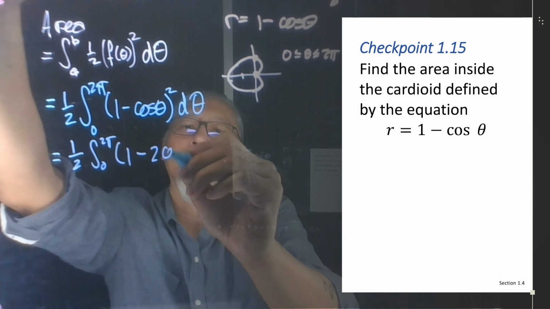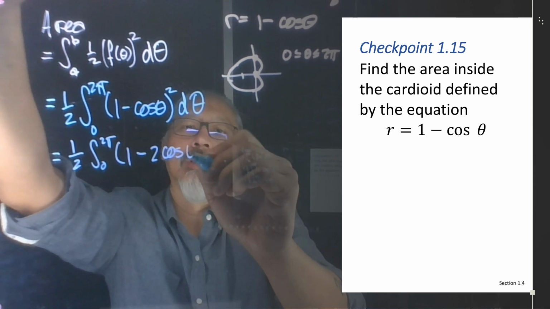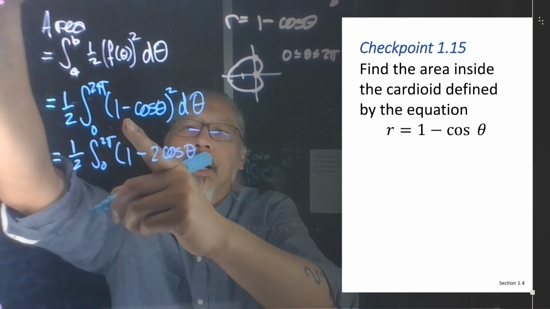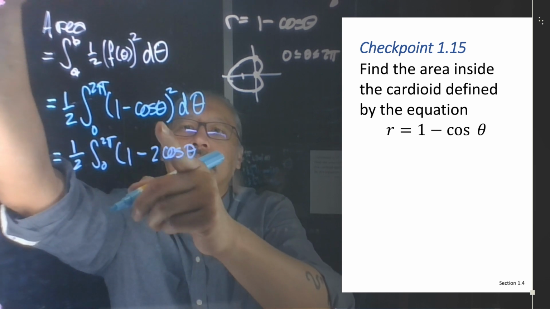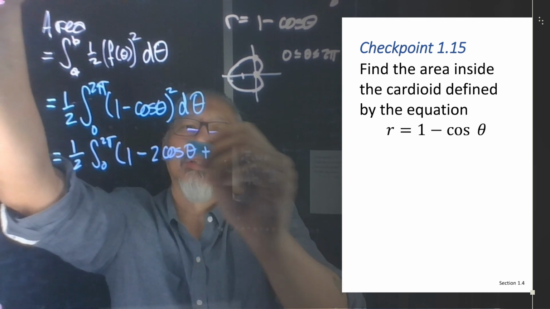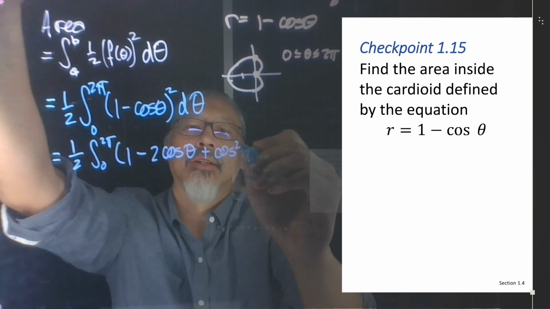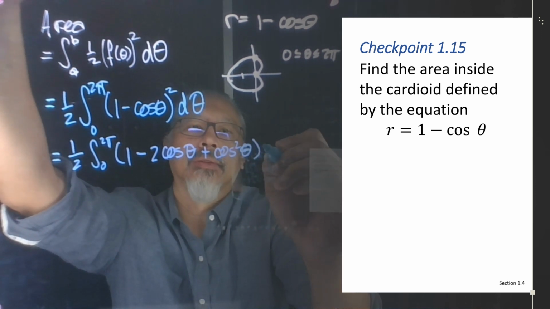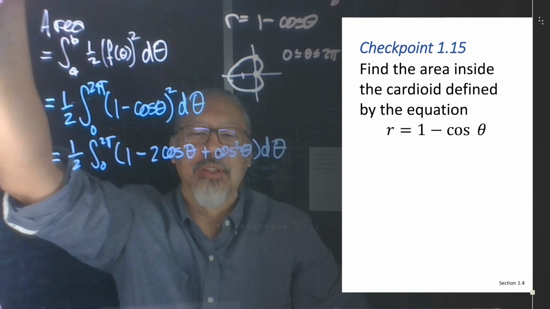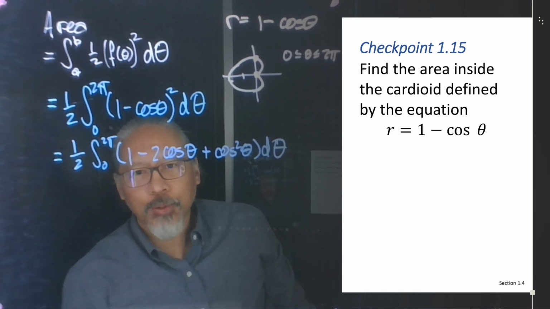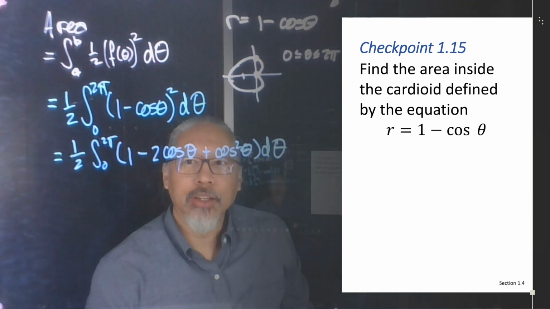FOIL will give us 1 minus the same sign, twice the product, plus the last one squared. The last one squared is going to give us a cosine squared, which will require a double angle formula.